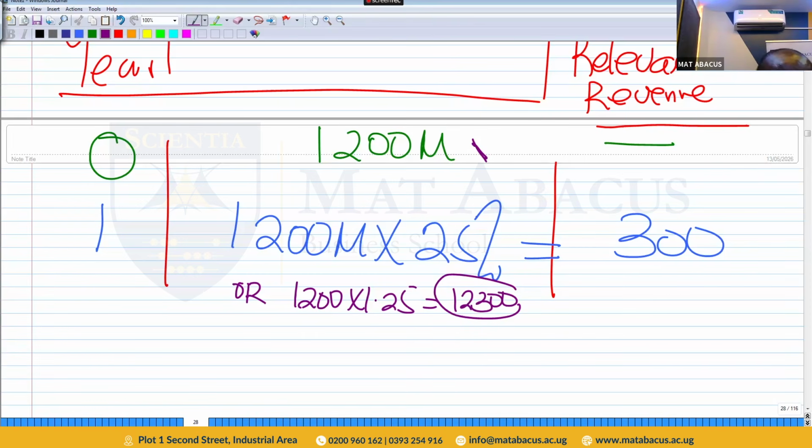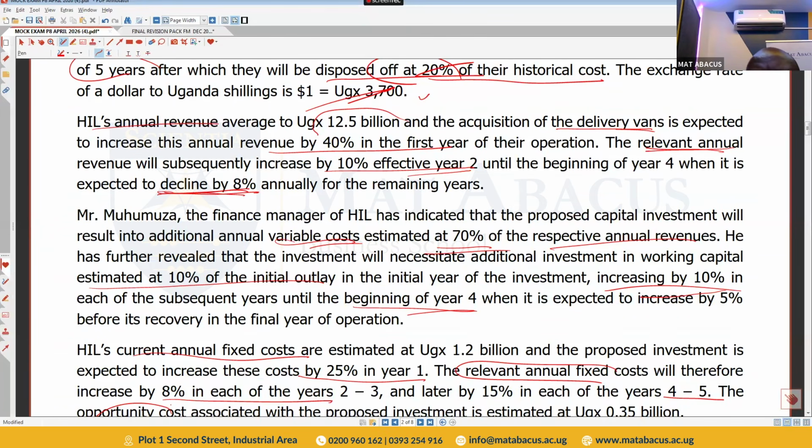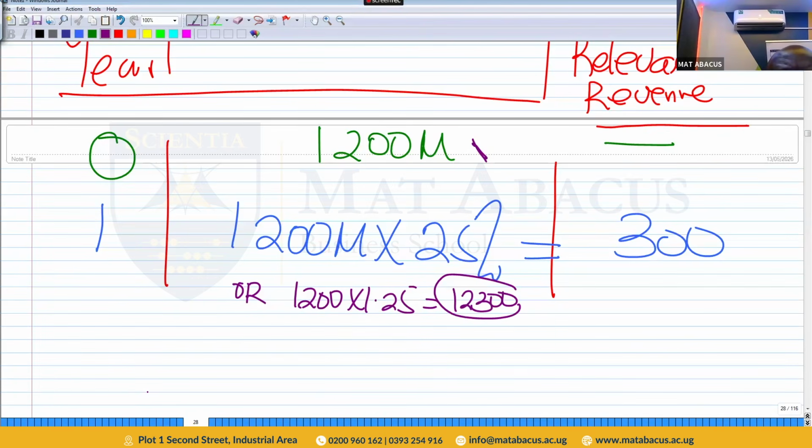Now, when we go to read the equation, no, I'm wrong. The annual revenue is expected to increase by 40% in the first year. Sorry, it is 40%.